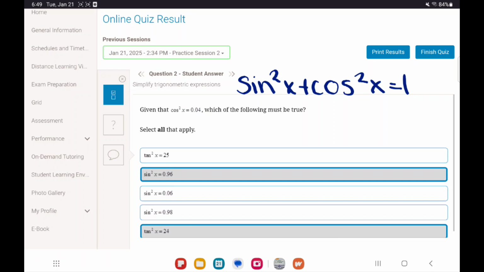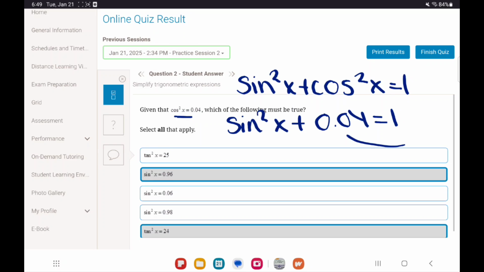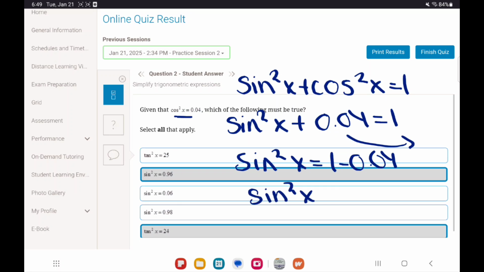Here we have cosine squared x, so enter that value, 0.04, and we're going to have to find sine squared x. We move it to the other side like any other equation. So sine squared x equals 1 minus 0.04 on your calculator, or just mentally, it's very simple. Sine squared x is going to be 0.96, and that's one of the choices, so you pick it.